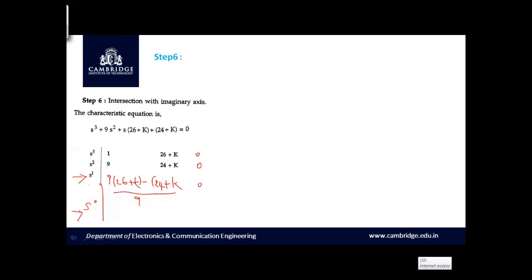For the last row, that is the s to the power 0 row, we know the formula. The first element of s to the power 1 multiplied by (24 plus k) minus 9 into 0, divided by again the same element. As we have the same element in the numerator and denominator, it can cancel out.